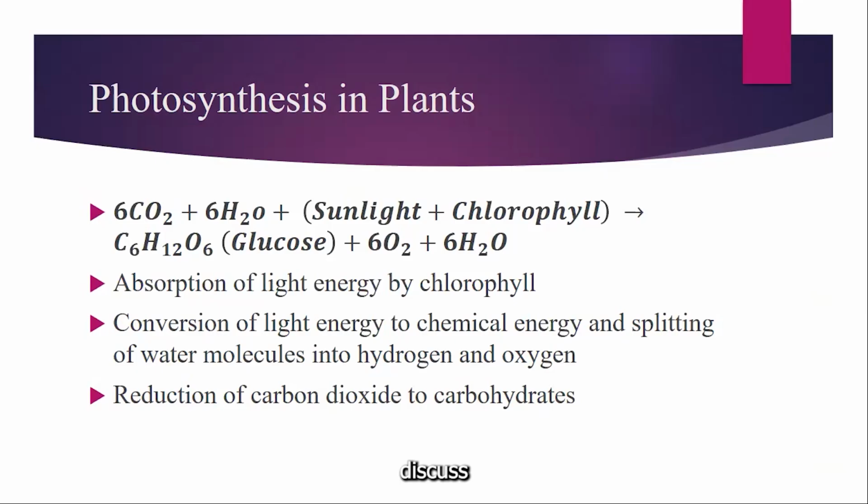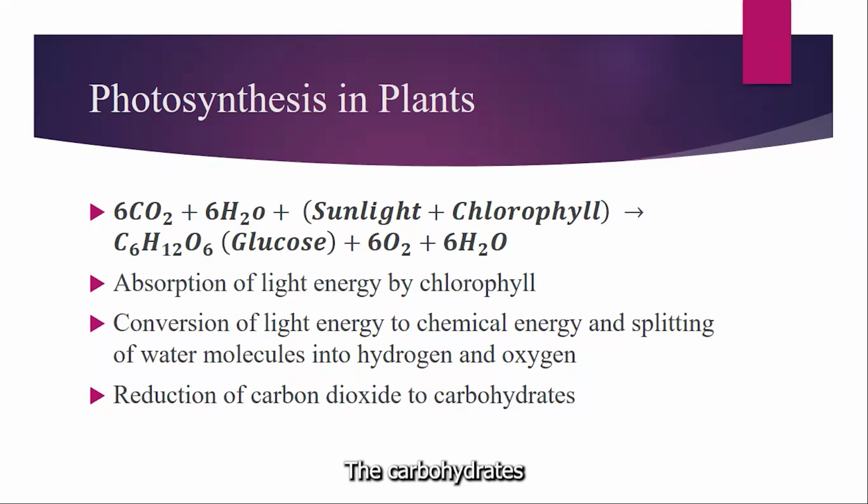So now we'll discuss the process of photosynthesis. The materials taken in the form of carbon dioxide and water are converted into carbohydrates in the presence of sunlight and chlorophyll.